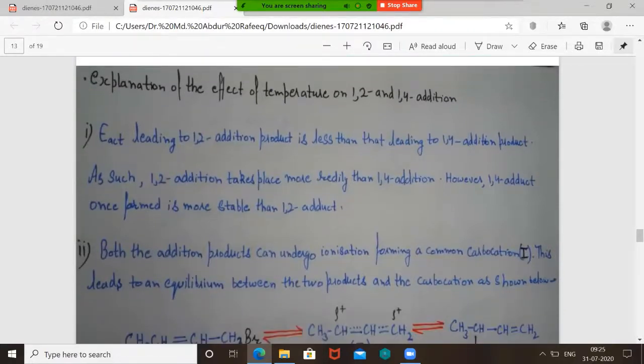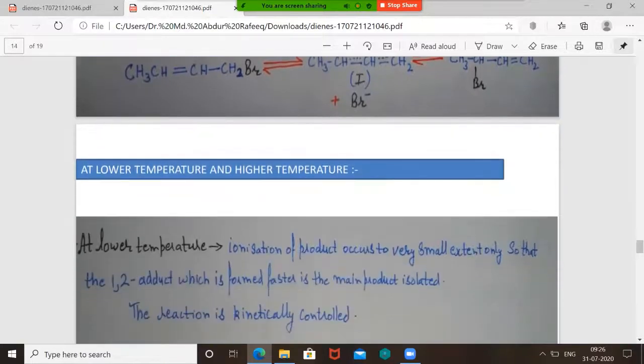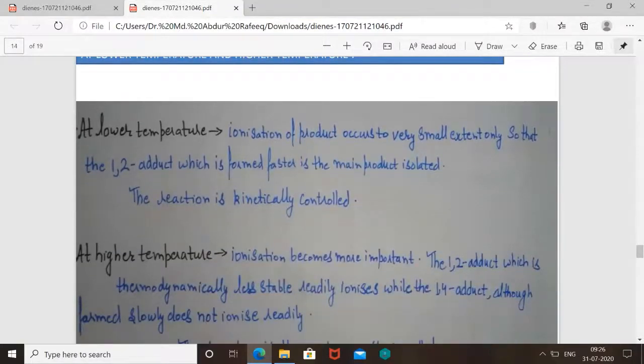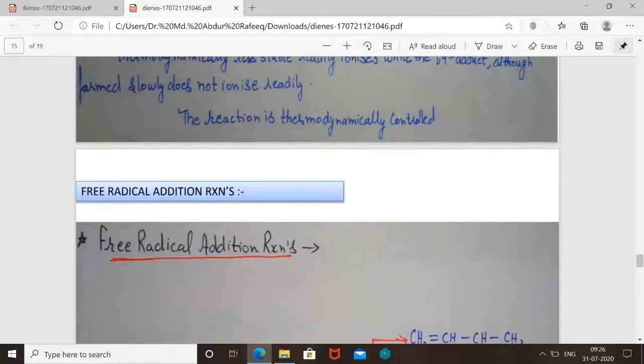So remember, at low temperature, 1, 2 addition; at high temperature, 1, 4 addition is taking place. That is affected by temperature.